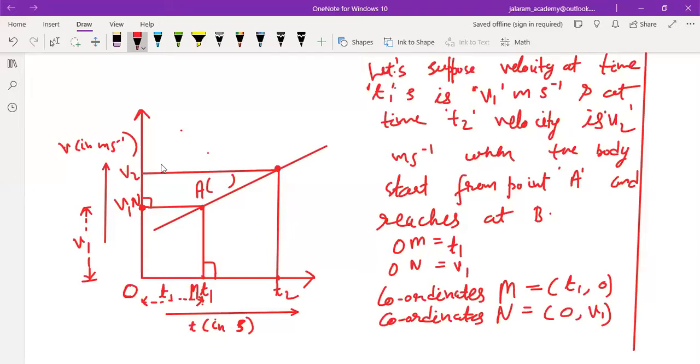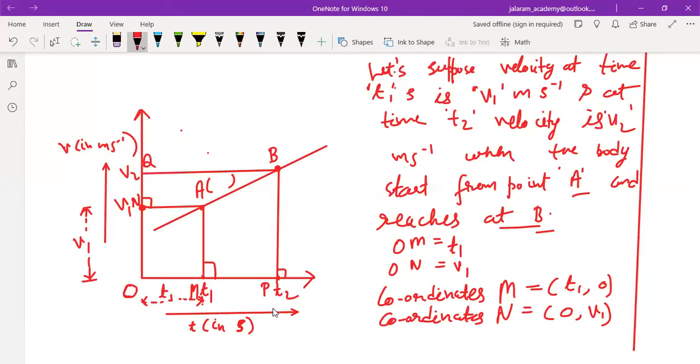We are starting from A and reaching B. If we name the foot of the perpendicular as P and the foot of the perpendicular on the y-axis as Q.